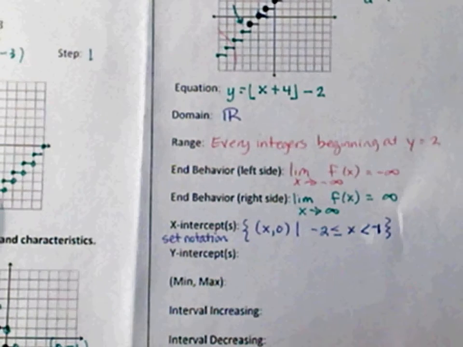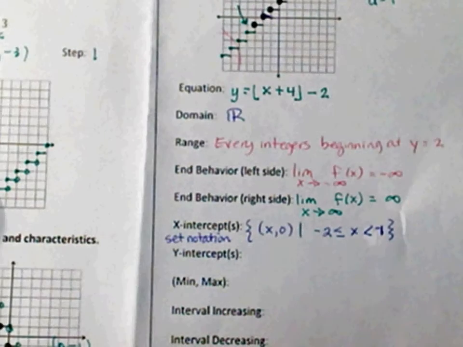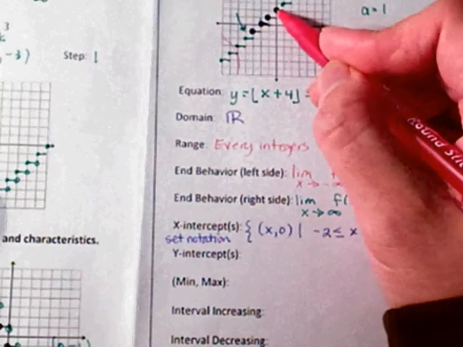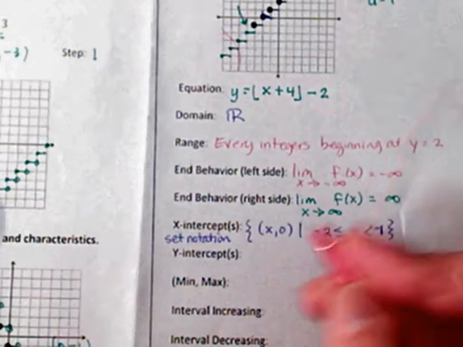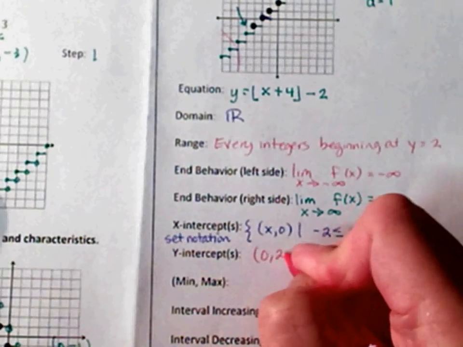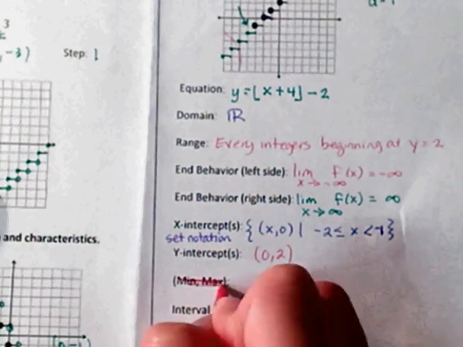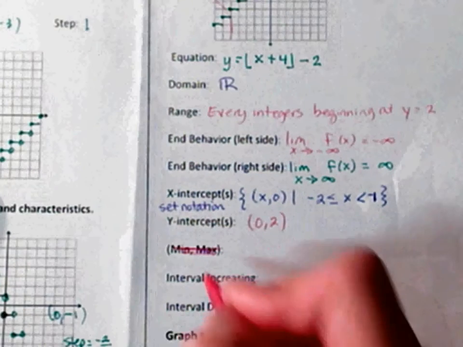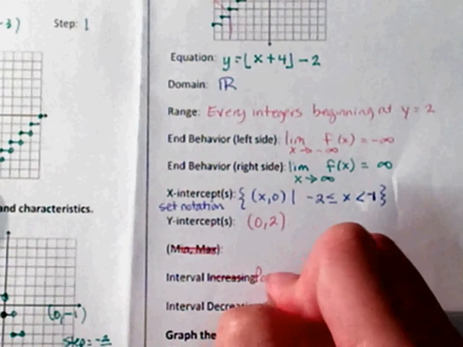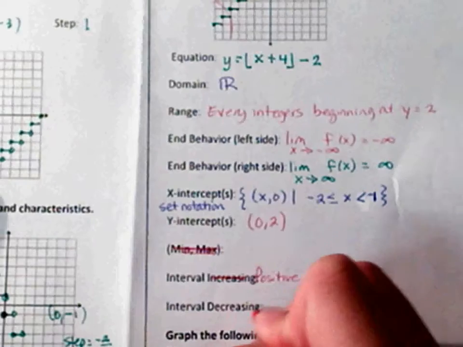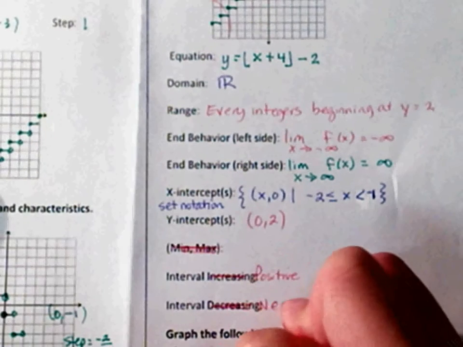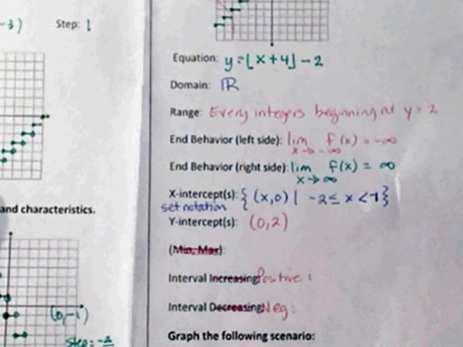Your y-intercept, where do you see it crossing the y-axis? This one, right here. What's that point? At 2. So 0, 2, no minimum, no maximum. This should say positive. This one should say negative, because it's continually either increasing or decreasing. Positive.